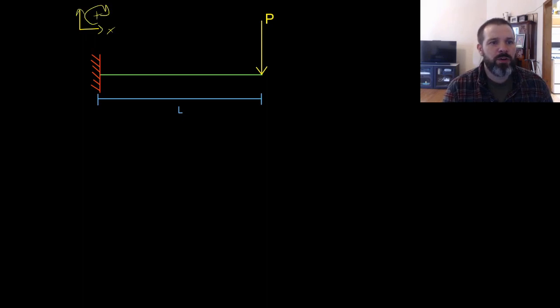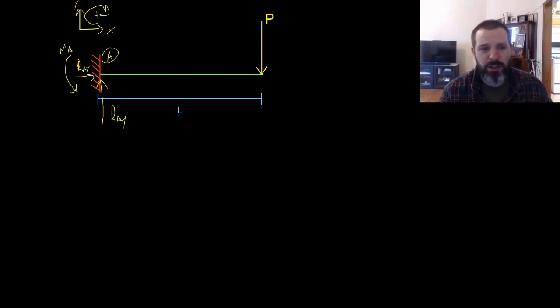The fixed support, we'll call this support A, gives us a reaction in the Y, RAY, reaction in the X, RAX, and a moment MA. If I go through and find the reaction forces, I can sum the forces in the X. They have to equal 0. 0 will equal RAX.